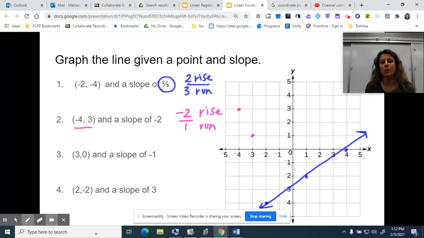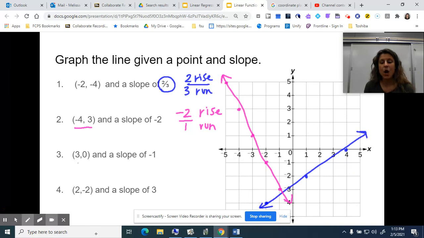Again, I'm going to mark a couple more points, down 2 and over 1, down 2 and over 1. I could also go up 2 and left 1 to stay on that line. Connecting these in a straight line-ish. There we go. I'm going to try to fit all 4 of these on one graph. We'll see how it looks in just a minute.